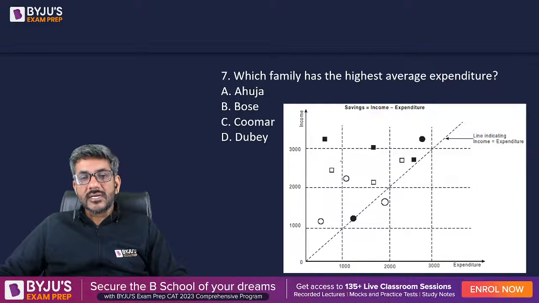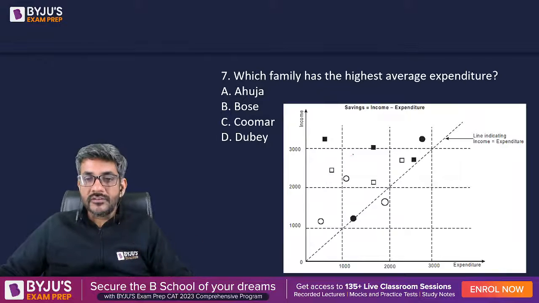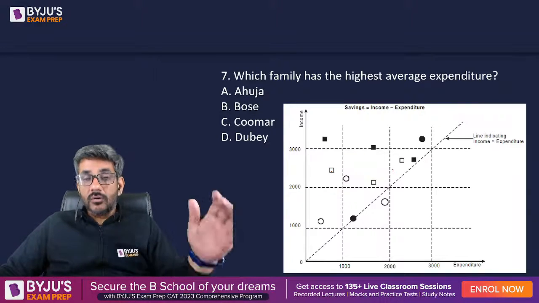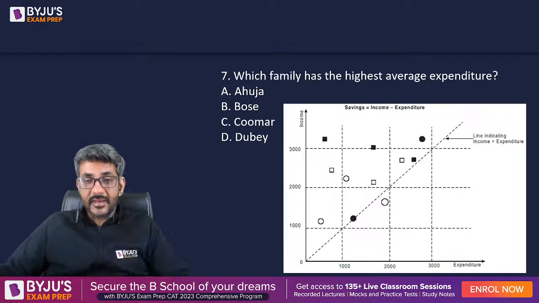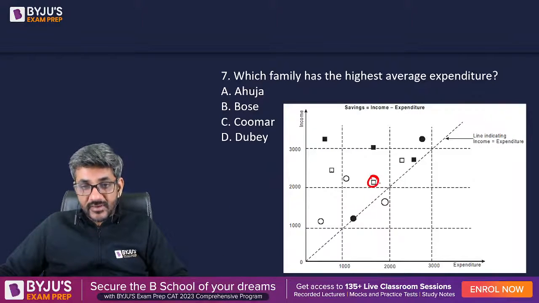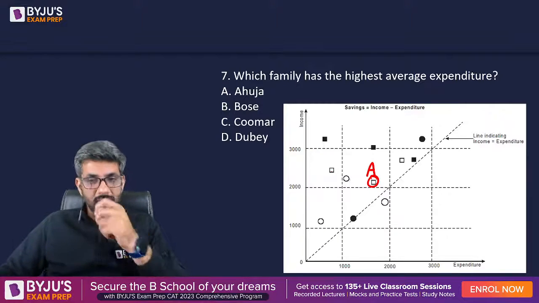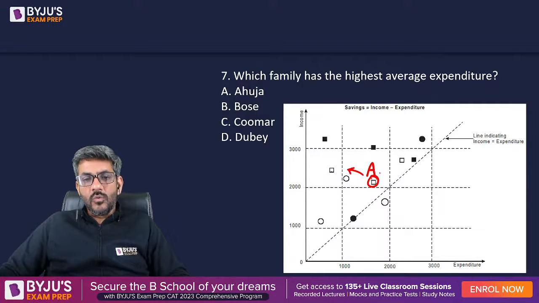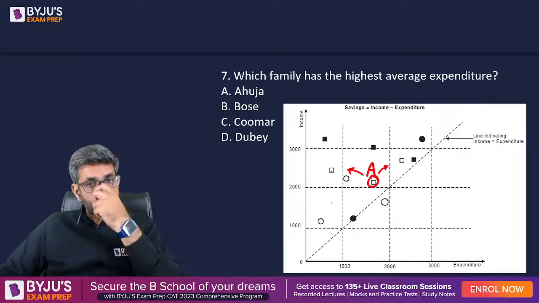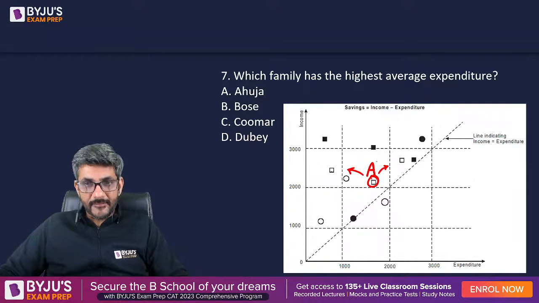So if I start talking about it, once again, let's talk about Ahuja family. Ahuja family members are these three. If I talk about who is towards right, somewhere here would lie the average expenditure of Ahuja family, because one guy is slightly below, one guy is slightly above. So average of Ahuja family would lie somewhere here.